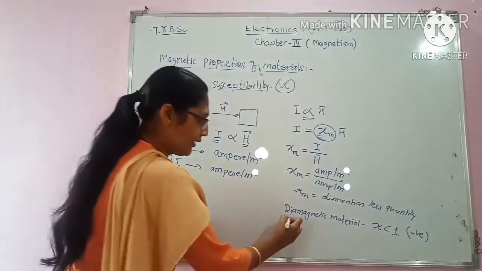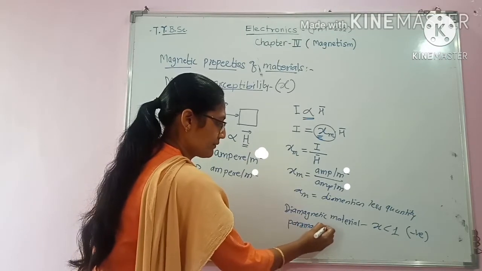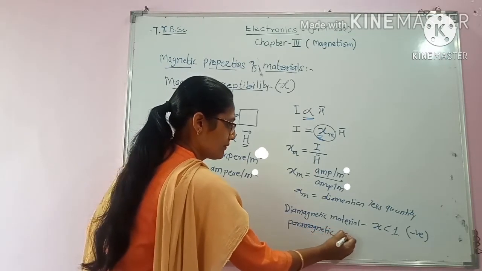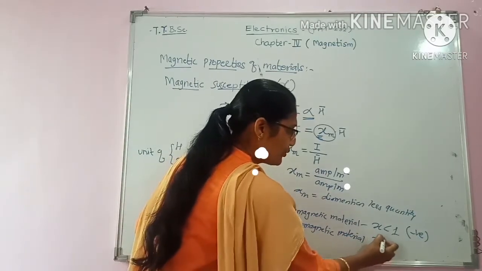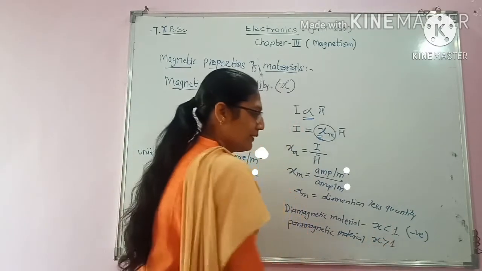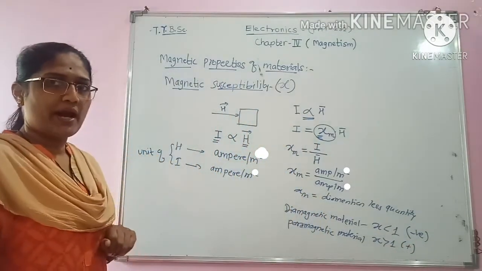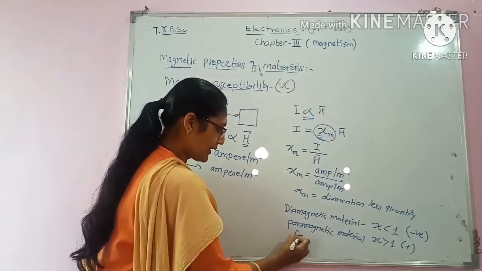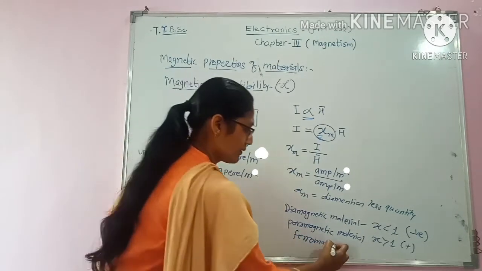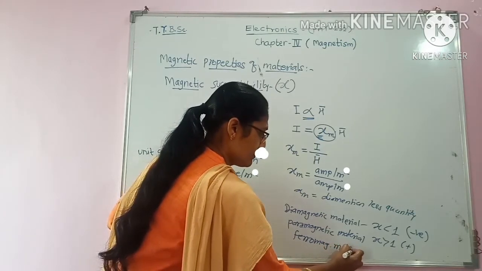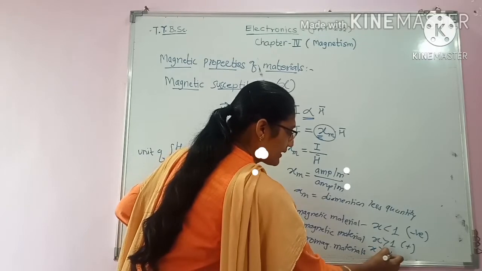For paramagnetic materials, the susceptibility value is greater than 1. That is, it will have a positive value of susceptibility. And for ferromagnetic materials, chi is much greater than 1.